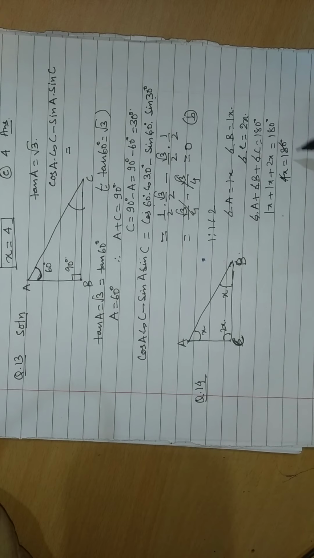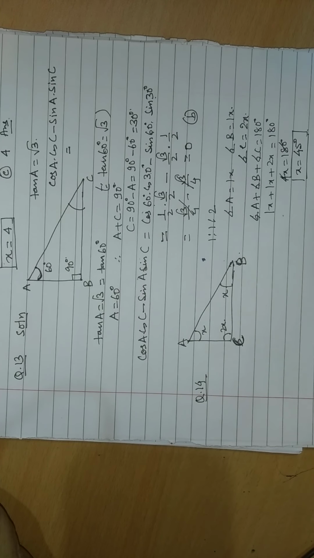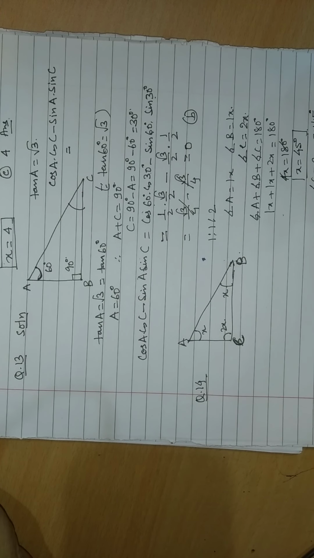So now we are getting x is equal to 45 degrees. So angle C is equal to 2x. So 2 into 45 degree, so 90 degree, and angle A and angle B both are equal to x. So both are equal to 45 degree.